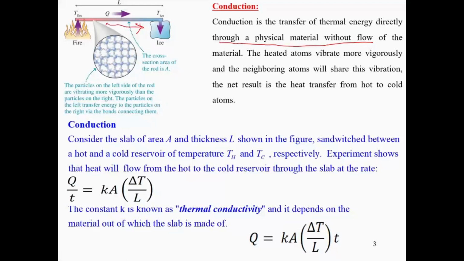What happens is, when you heat at this end, the atoms and molecules, which are modeled as connected by spring-like forces, intermolecular forces, will vibrate and oscillate, energized with more kinetic energy, and transfer the energy to the neighboring molecules, neighboring atoms, and so on.